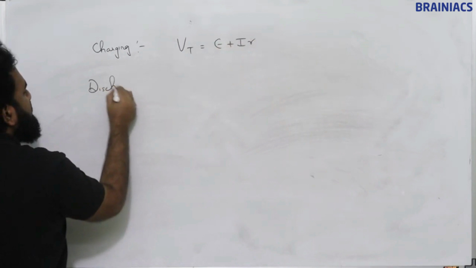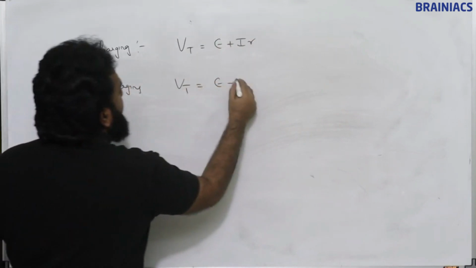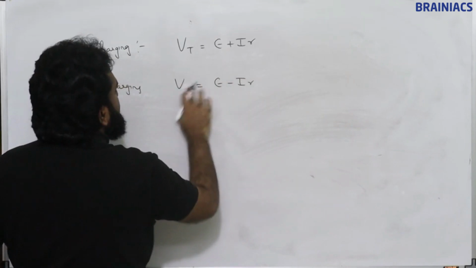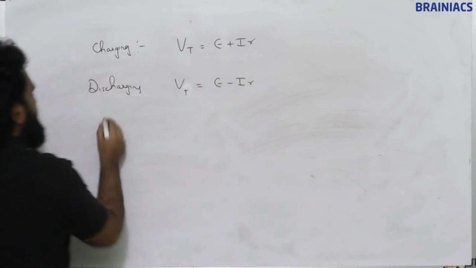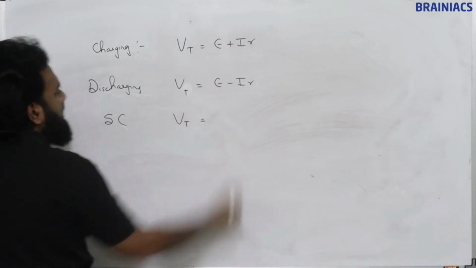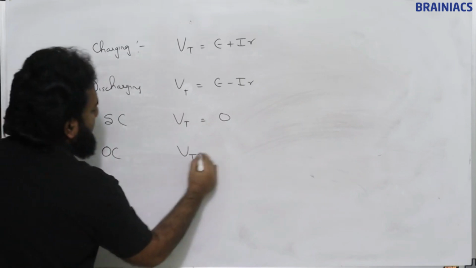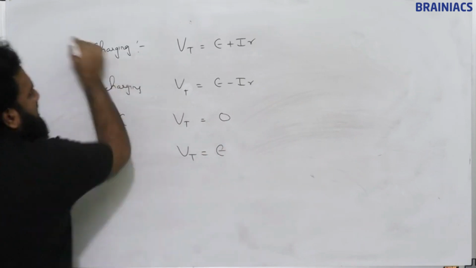Discharging, VT is equal to E minus Ir. Short circuit, VT is equal to 0. Open circuit, VT is the same as the EMF of the cell.